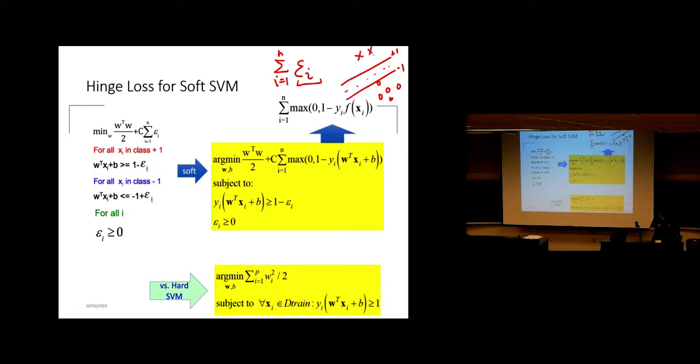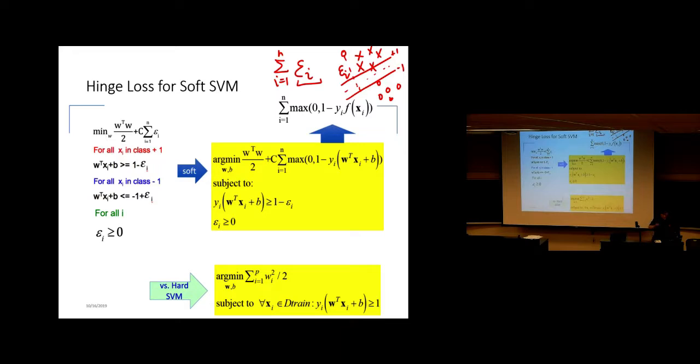Yeah, like this, X. Okay, if I have a circle point here, this is my epsilon i, right?